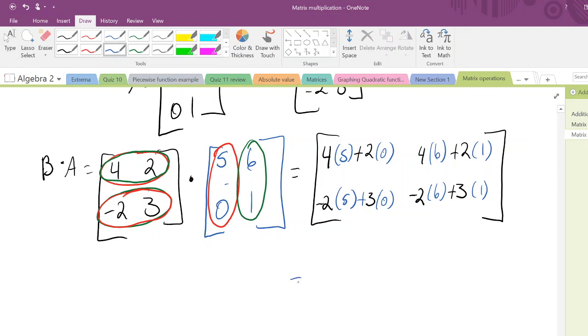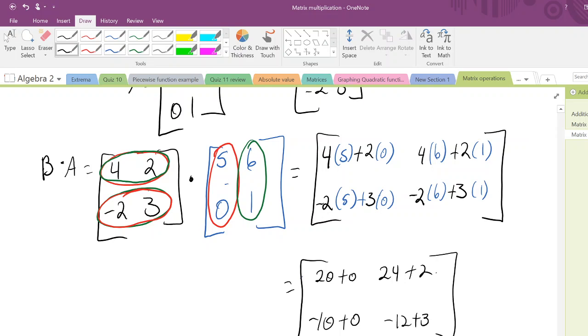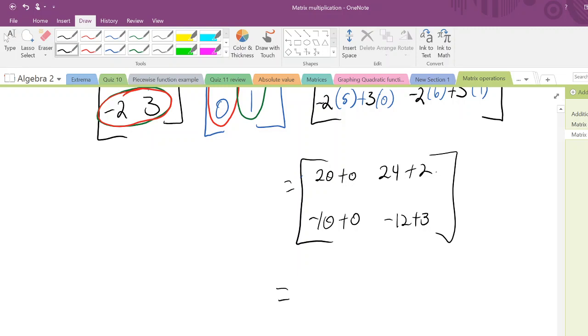To simplify it more, I have 20 plus 0, then 24 plus 2, then I have negative 10 plus 0, then I have negative 12 plus 3, and then I have 20, 26, negative 10, and negative 9.